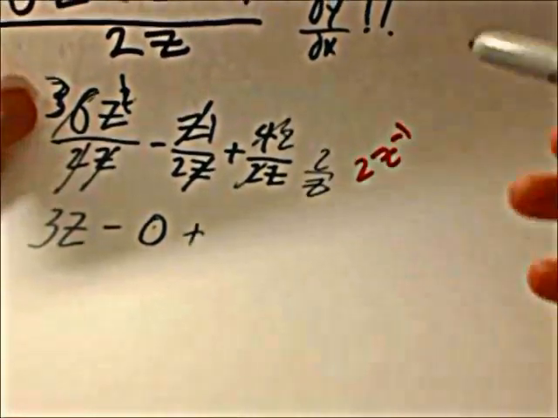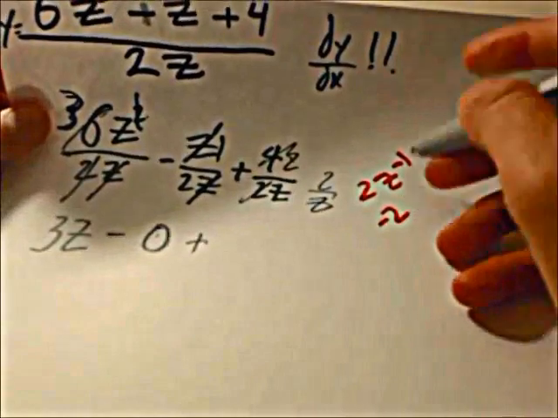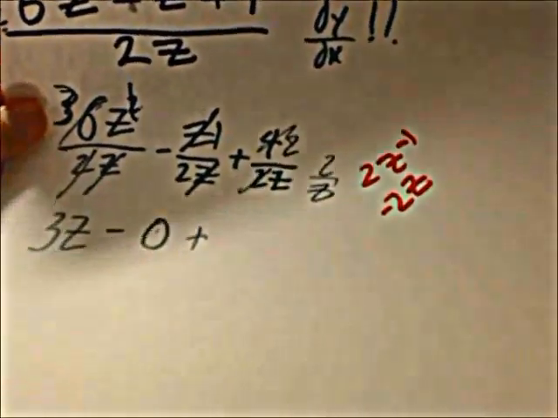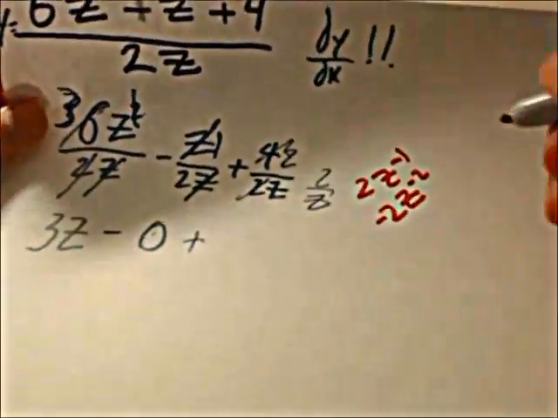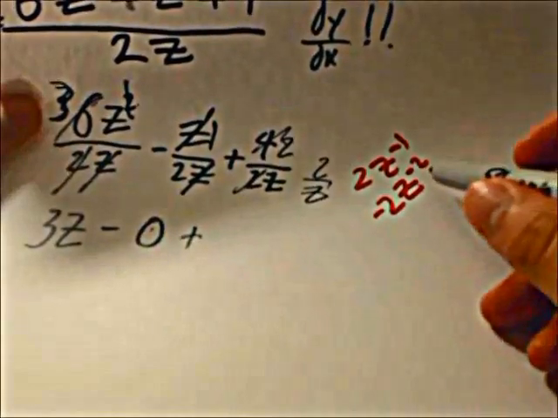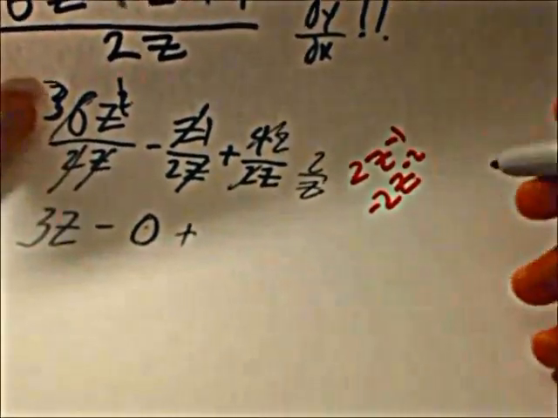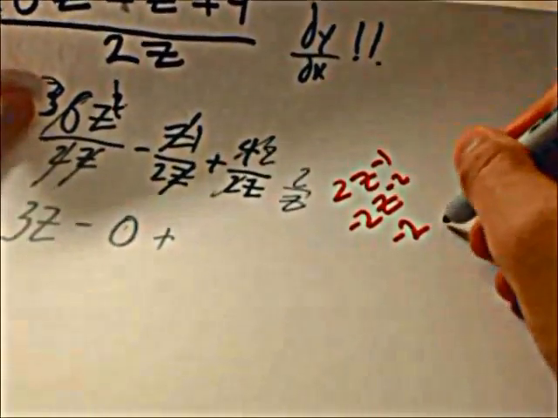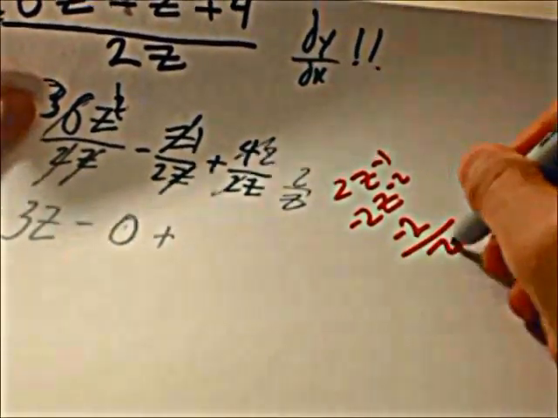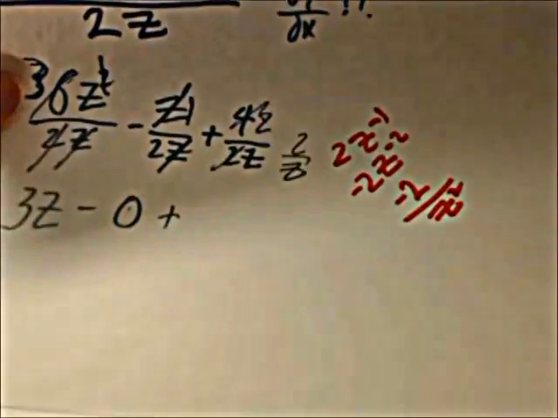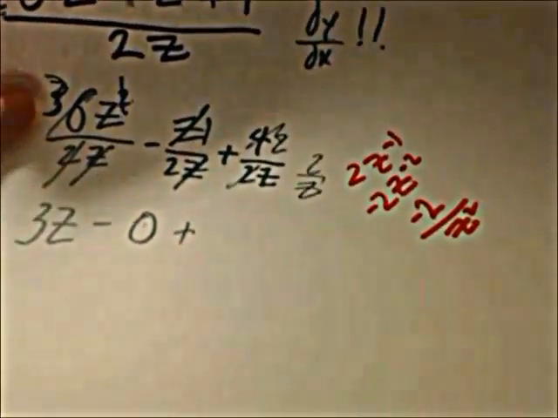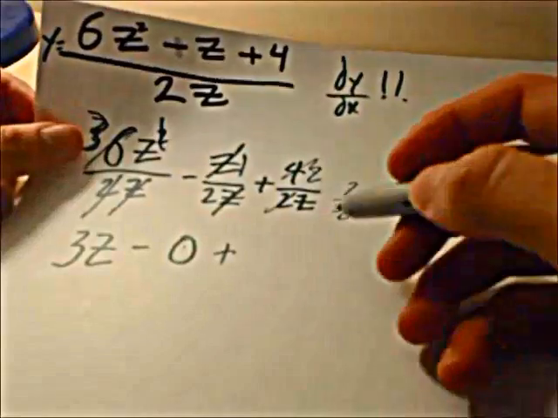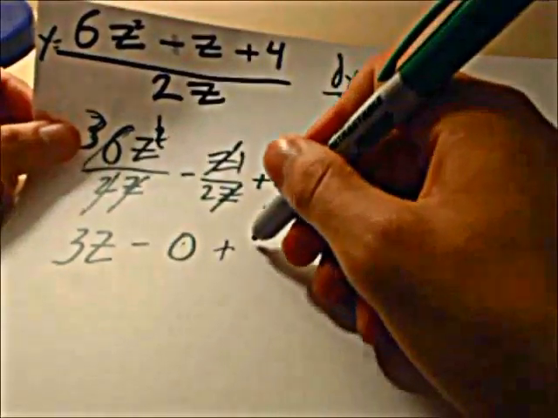So minus 1 times 2 is minus 2, and we take 1 from the power of the variable, so that's going to be minus 2z to the power minus 2. If you want to put it in fraction form, or the exponential form, as I like to call it, it's going to be minus 2 over z to the power 2.